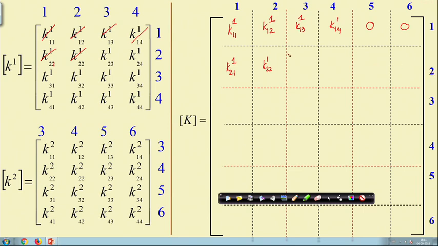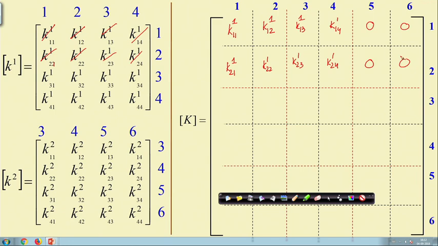Then 2 3 and 2 4: there is no other 2 3, so this will be k 2 3 1 and similarly k 2 4 1. The remaining ones are not present, so this will be 0 and this will be 0. So, this is for the second row.